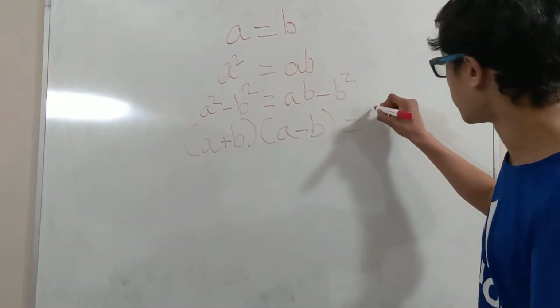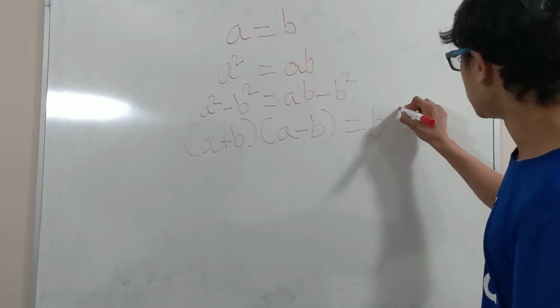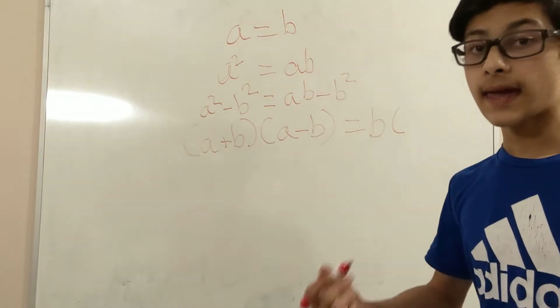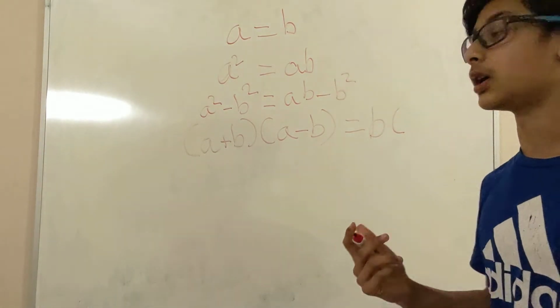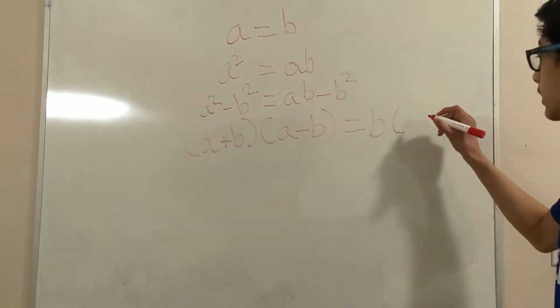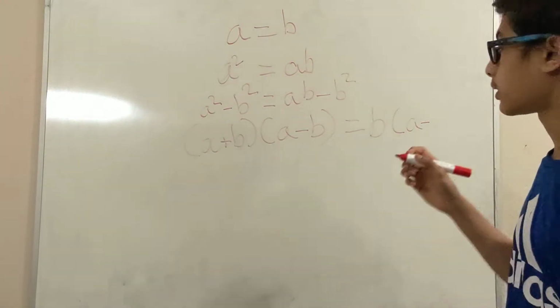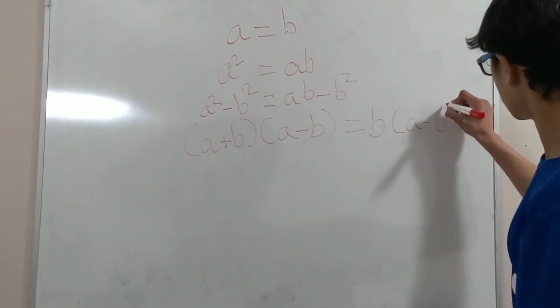If we take B common from AB, that's A, and taking a B out from B squared just gives us B. So we have B times A minus B.